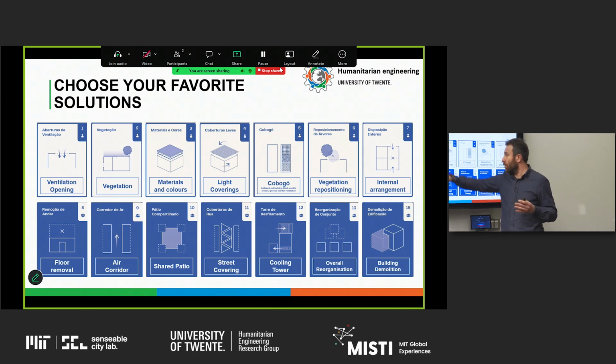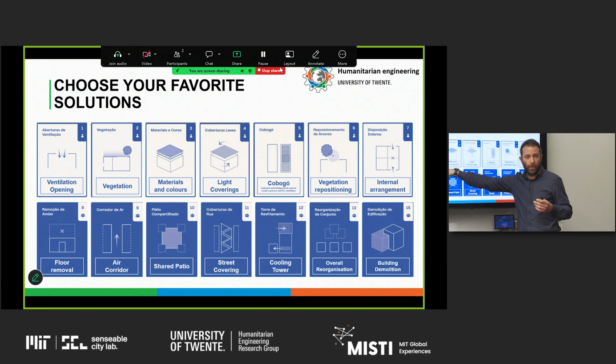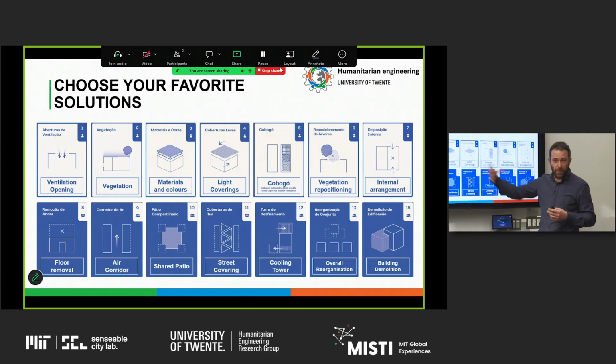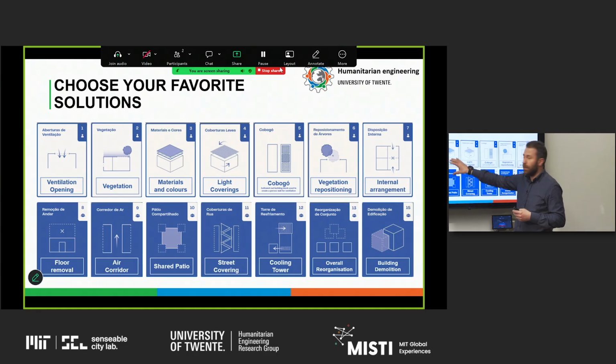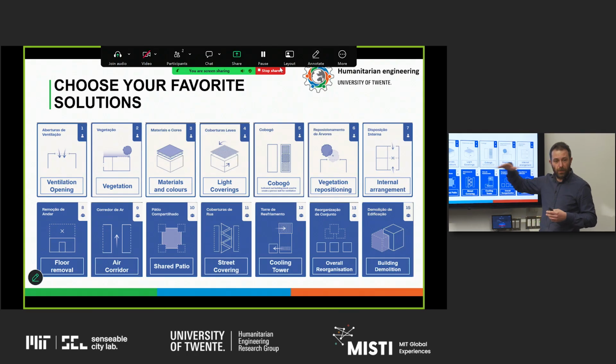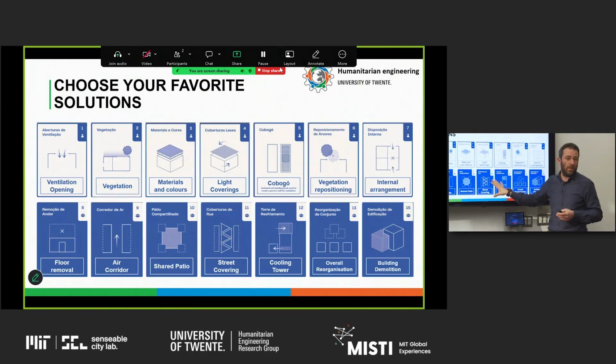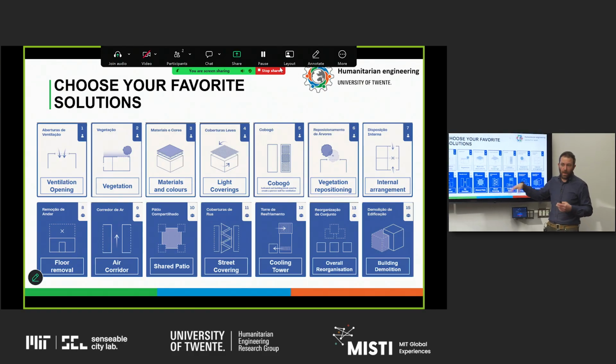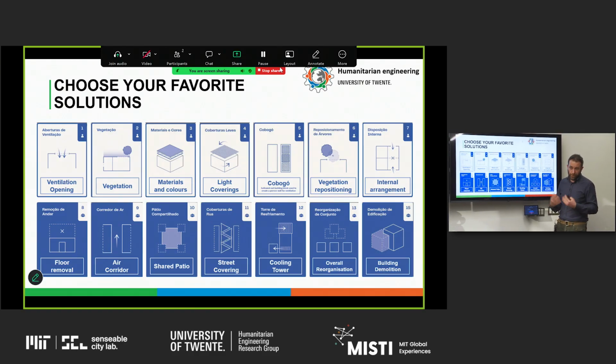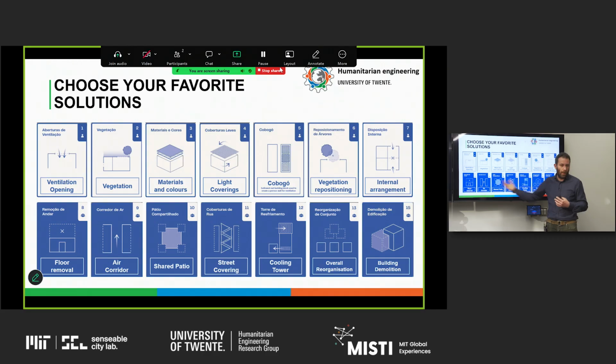A small house, for example, could have a ventilation opening, vegetation to reduce the heat around the house, materials and colors of the house, light coverings with shadowing, and other interventions, and so forth. Plus, in blue, we have community interventions, basically interventions that affect multiple households.